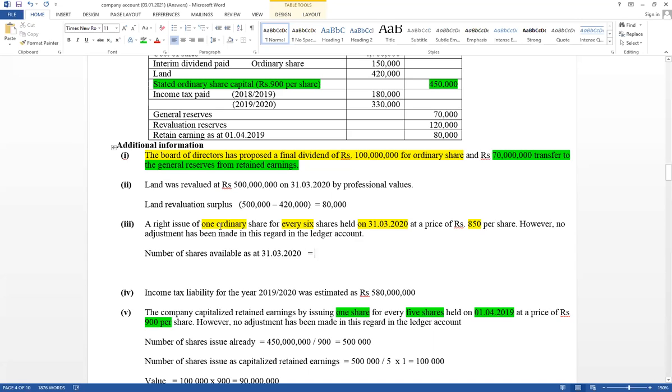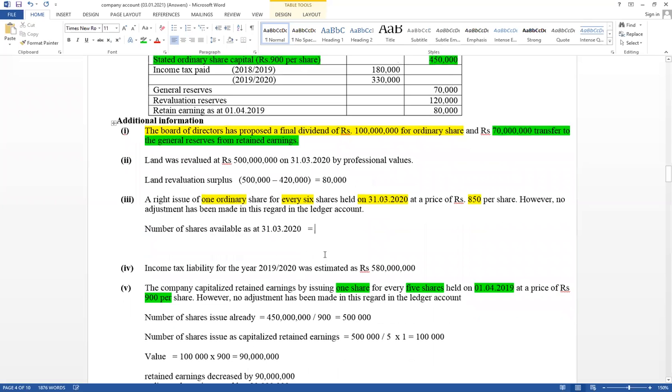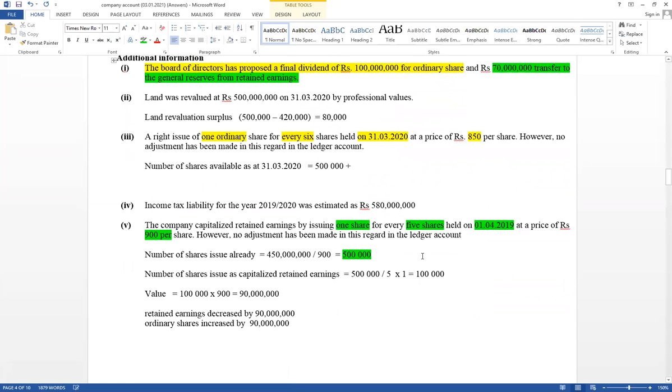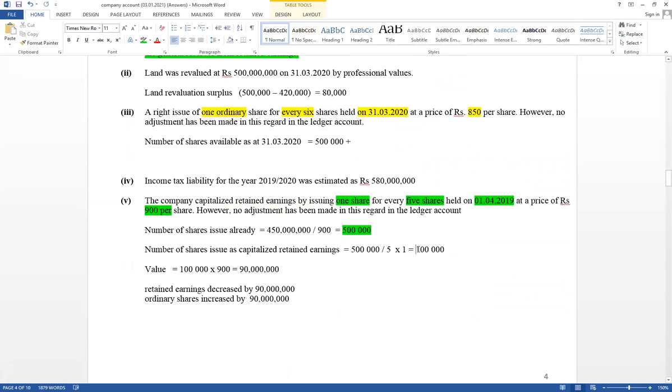It has given the end of the rights issue. Therefore, number of shares available as at 31st March 20. From the beginning, number of shares available 500,000. It has been calculated already. Therefore, opening number of shares equals 500,000. And as a result of reserves capitalization, number of shares increased by 100,000.